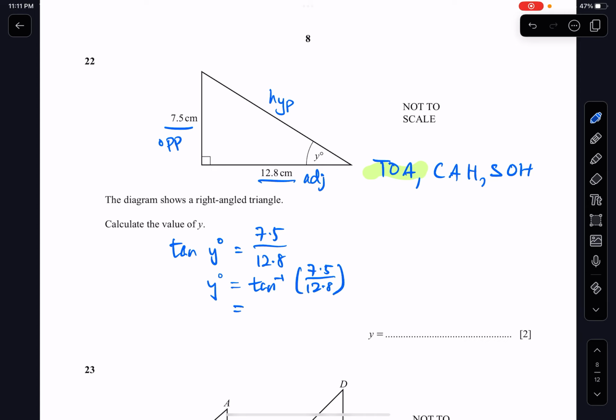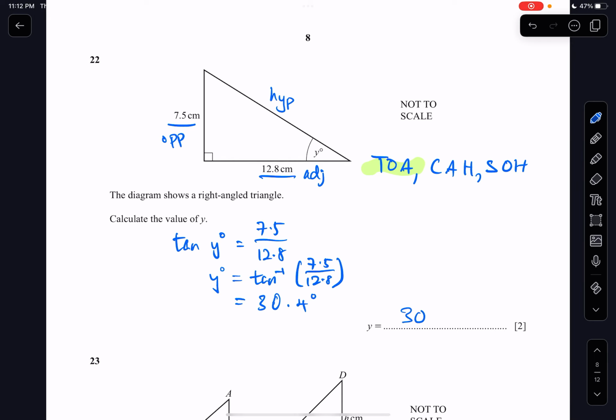Okay, always make sure that your calculator is in the correct mode, which is degrees. So 7.5 divided by 12.8. Okay, angles, we always have to leave it in one decimal place. So to be 30.4 degrees. Again, we are just looking for y, not y degrees, so we can drop the degree sign, 30.4. To be clear, I should put one decimal place here.